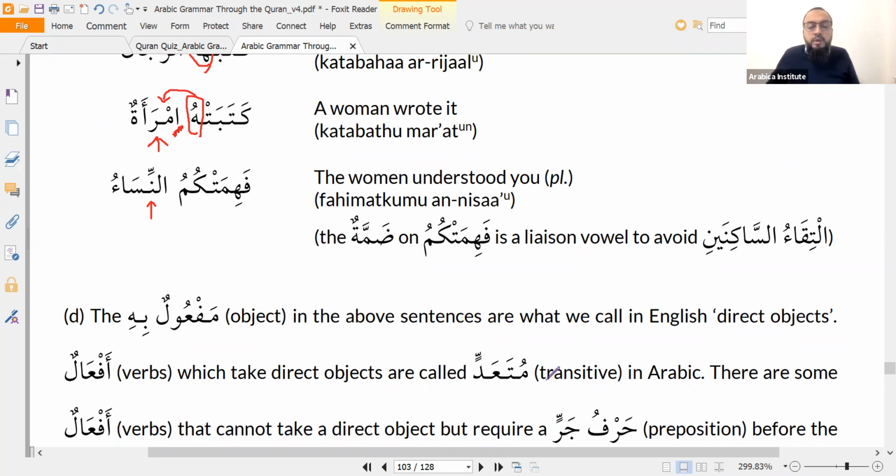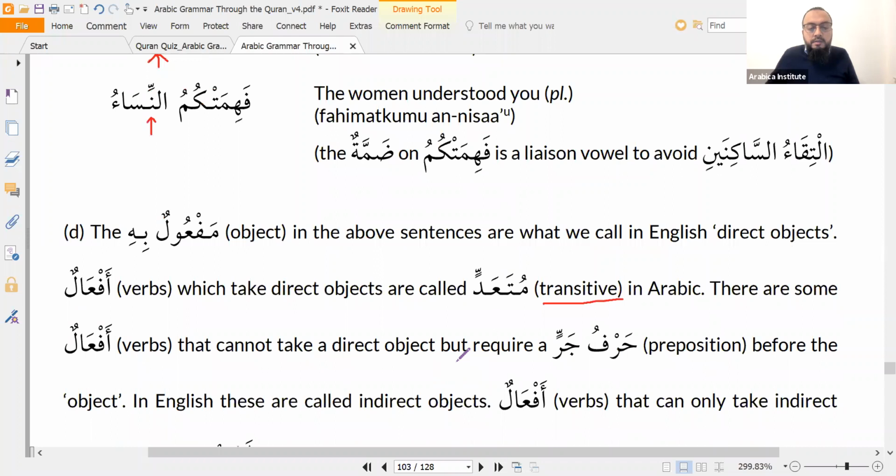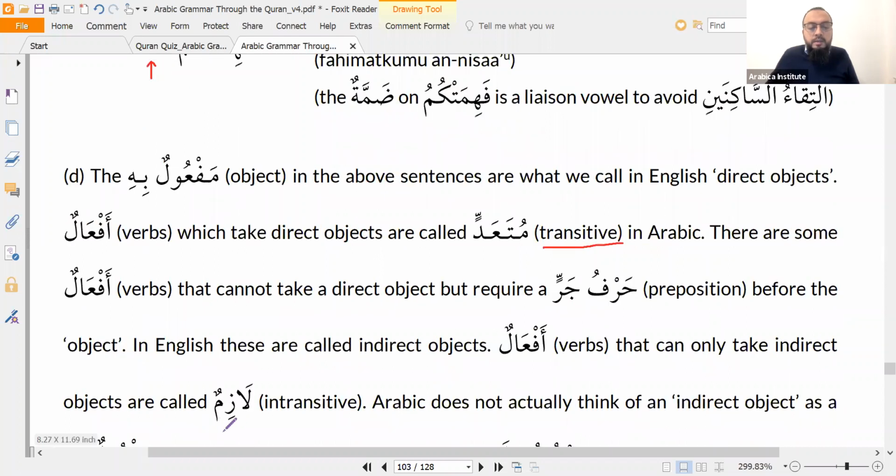You say fi'lun muta'addin. In English, we call it transitive. And there are some verbs that are intransitive. They are what we call lazim. And those verbs, they require a preposition before their object. So their objects will essentially be part of a shibhul jumla with a harful jar.